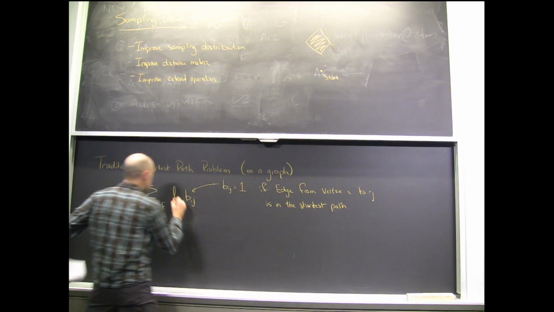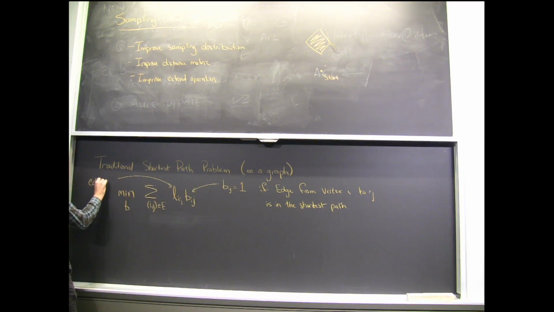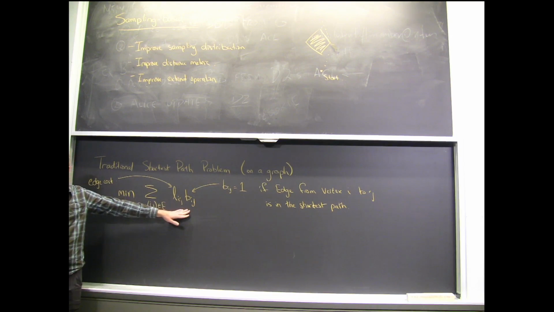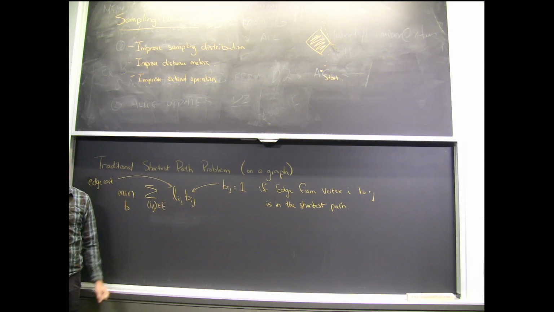Okay, and then this is just the edge cost. So this cost tells me the length of the shortest path. And it's going to sum all of the edges that are in the path and just add up their costs.